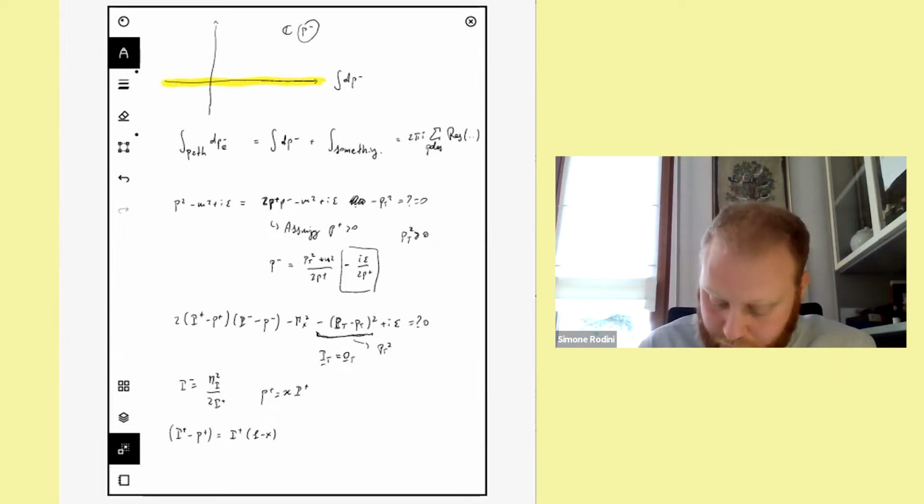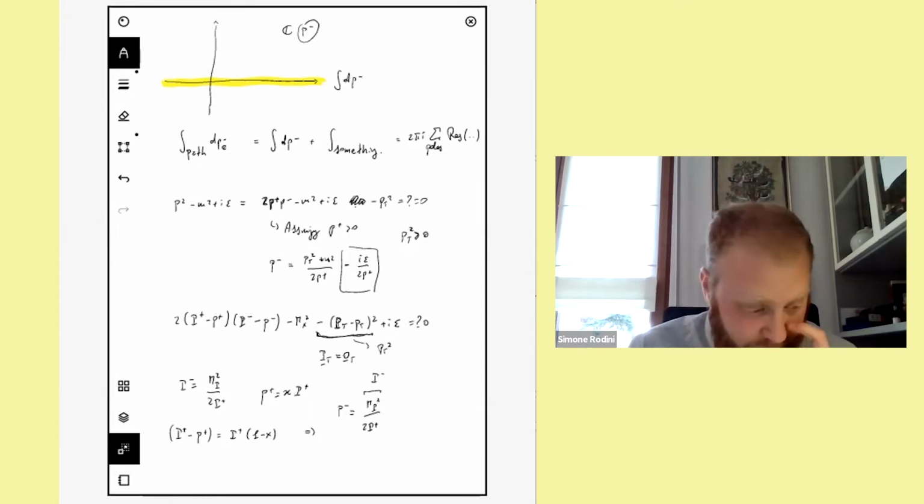So you get small p minus is Mp squared over 2 capital P plus, which is capital P minus, the same sign.